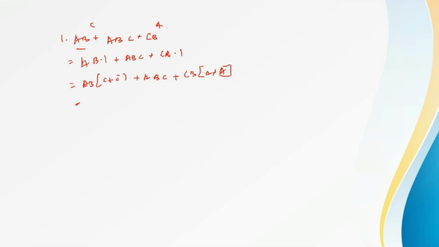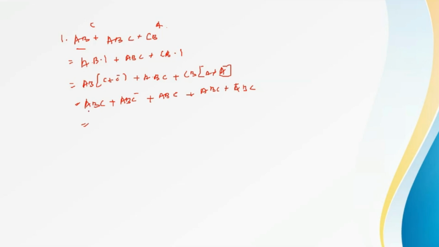Again, we can do this with the distributive law, right? ABC plus ABC bar plus ABC plus A bar BC. I'll just arrange this. This will become CBA. So we can write it as ABC plus this is A bar BC.